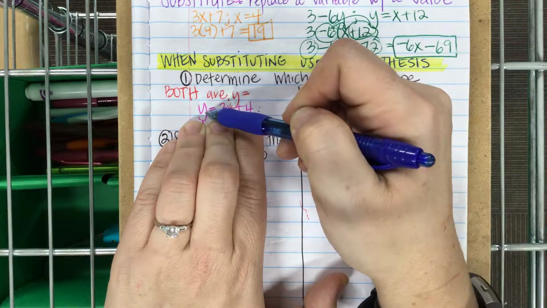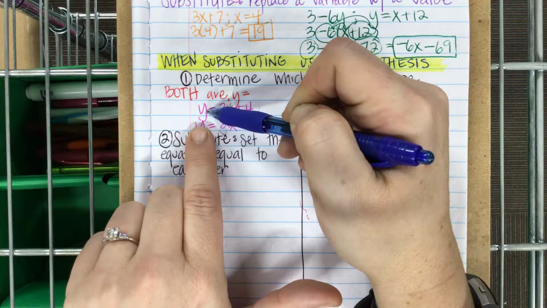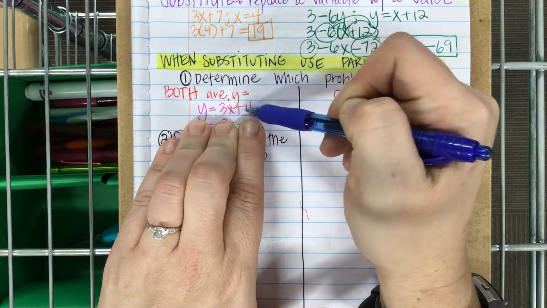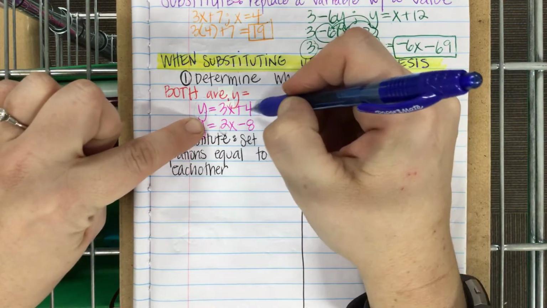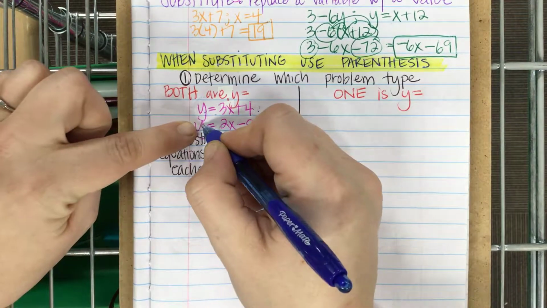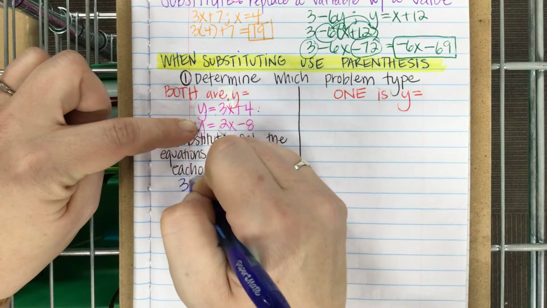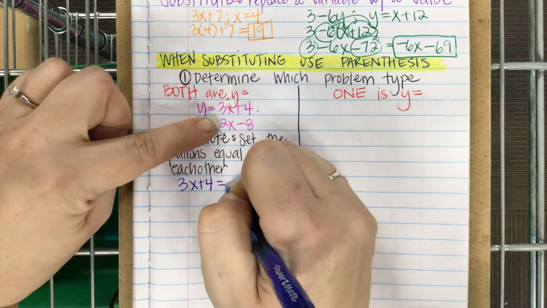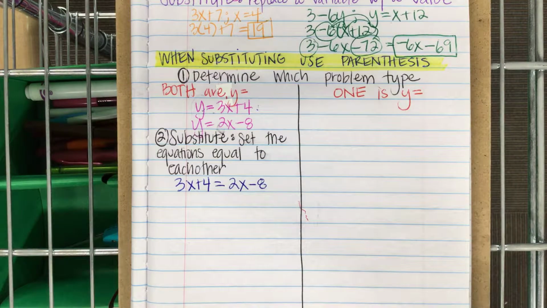So instead of the variable y, I'm going to put 3x plus 4. Instead of the variable y, I'm going to write 3x plus 4 equals 2x minus 8. I'm going to substitute.